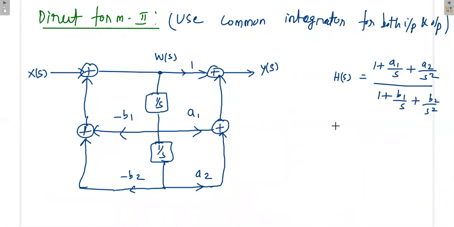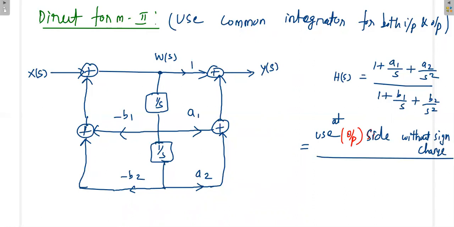Or otherwise, directly also you can write: use the numerator coefficient for the output side, whereas in the previous case we used it for the input side. Use the coefficient at the output side without sign change.